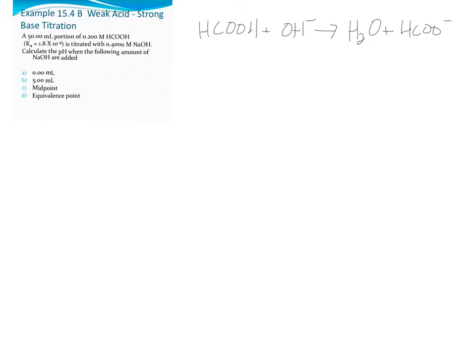Okay, so this is different. This is an acid-base reaction, limiting reactant, neutralization, and this is all going to be in moles because we have volume changes. So now we look at the 50 milliliters of the acid, 0.2 molar of the acid. We have how many moles is 0.01 moles. 5 milliliters of my base at 0.4 molar gives me 0.002 moles.